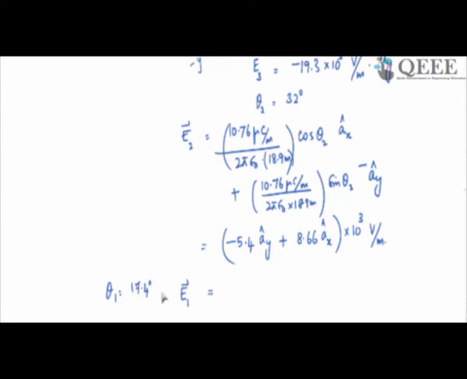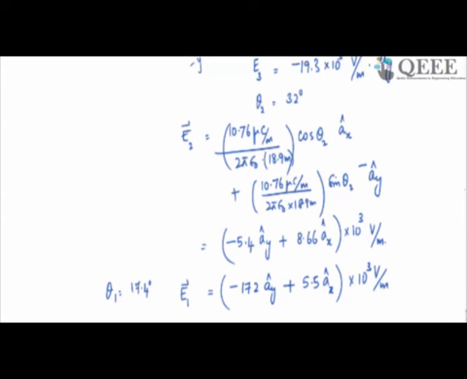So, this E1 again you can resolve into x and y components, and that answer will turn out to be minus 172 AY plus 5.5 AX into 10 power 3.